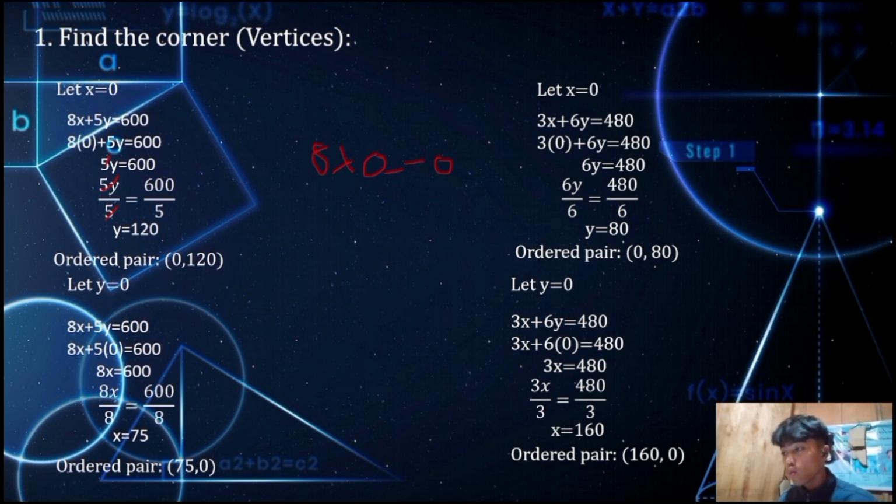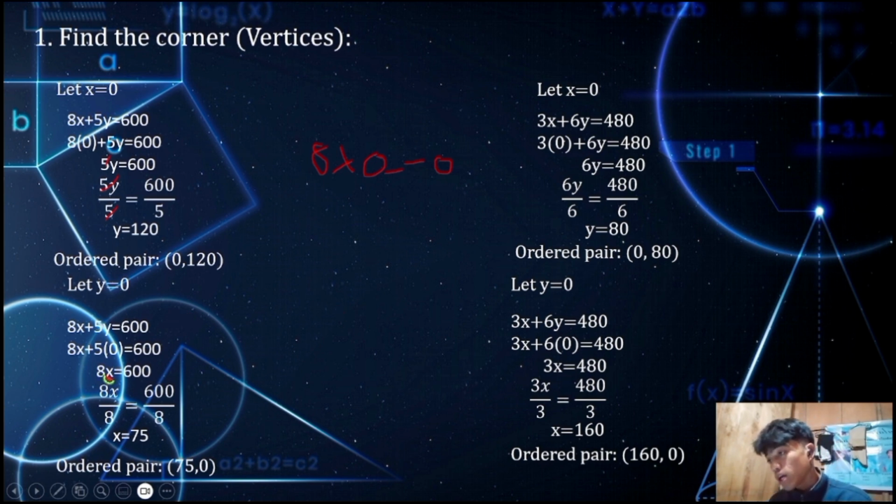So let y equal 0. The procedure is the same. 8x plus 5y equals 600. 8x plus 5 times 0 equals 600. So 5 times 0 equals 0.